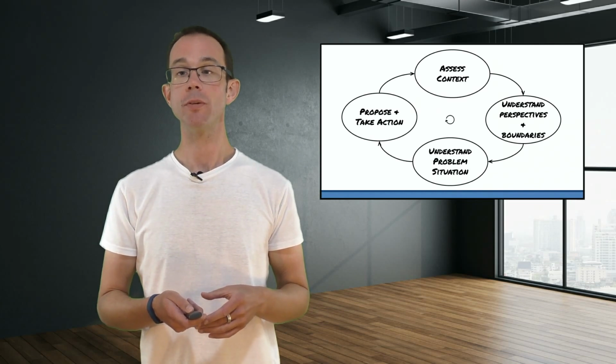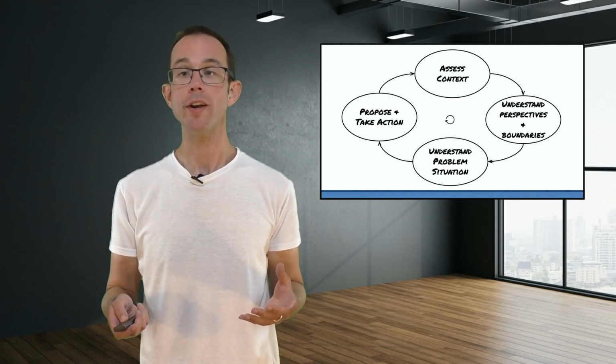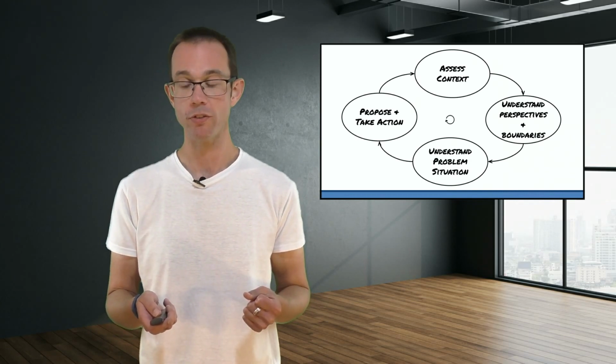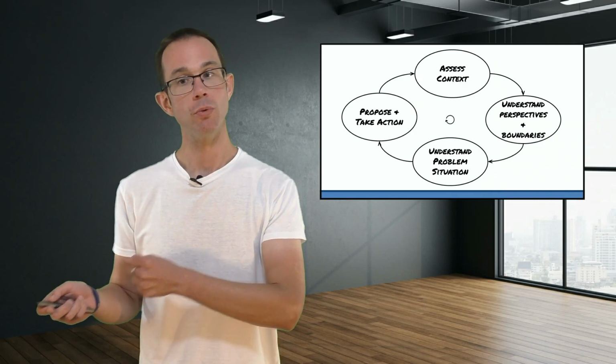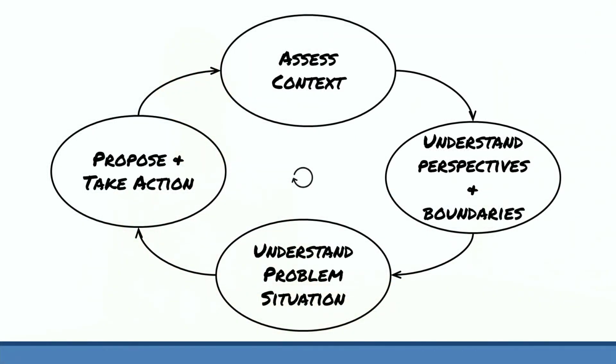I'll be starting by talking about assessing the context, because we talked already about how important context is, so we don't just end up transplanting things from one area to another. I'll then move on and talk about understanding perspectives and boundaries, because often where the boundary of the system, in inverted commas, is important.